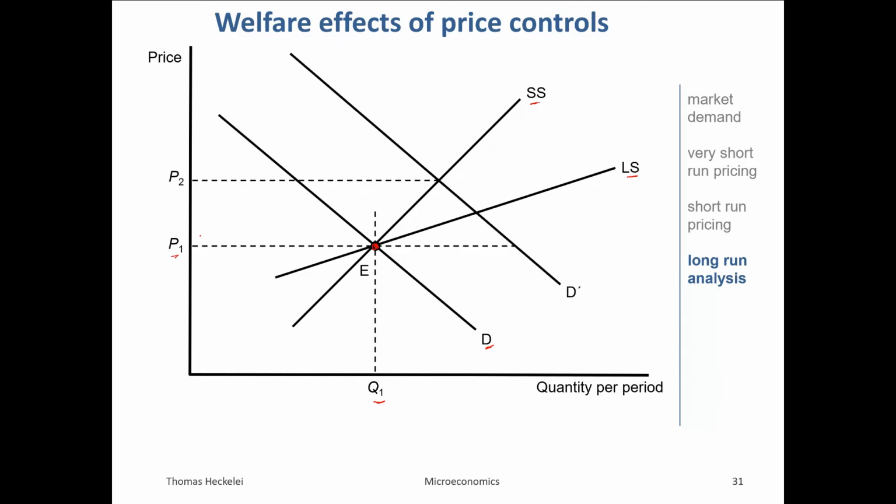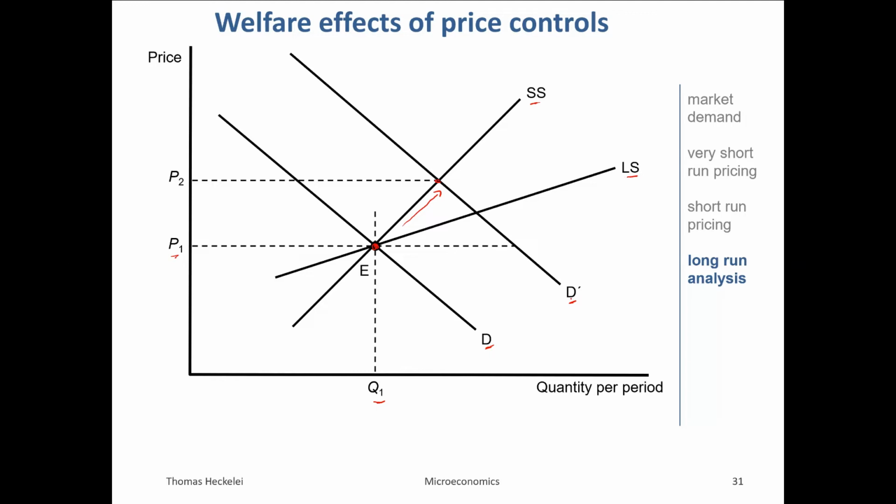The next episode, demand shift. There's no surprise to you anymore, I guess. In this episode, there are no new firms entering the market yet, so supply responds just by moving along the current short-run supply curve up to the point where it meets the new demand curve, D prime.